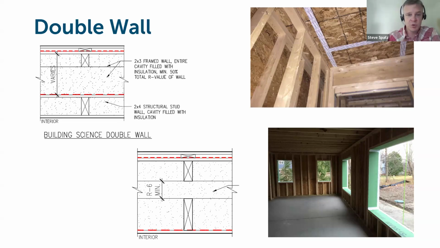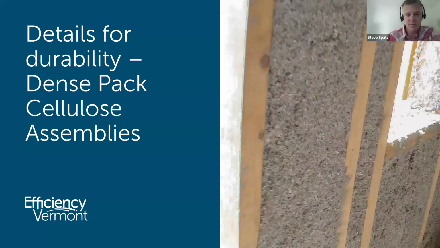You build two wall structures and fill the cavity with a dense packed insulation. And you can create whatever level of effective R value by the depth of the assembly. So the spacing of the framing, the gap between, and the overall depth of the cavity are your options for controlling what your overall effective R value would be for those types of assemblies.